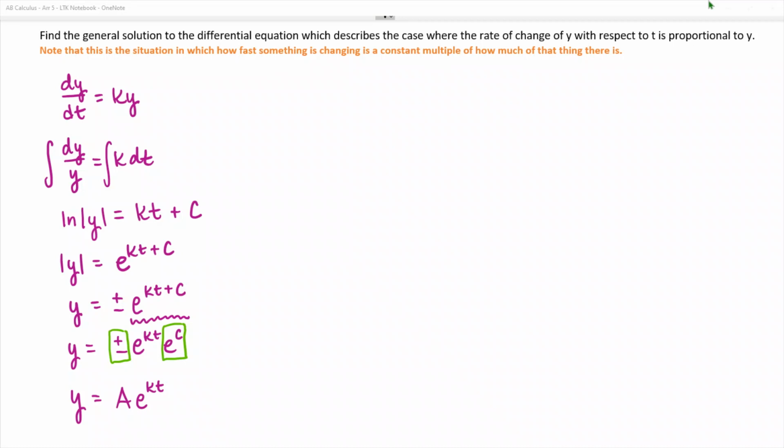Let's actually go a step further and think about the situation where we might know how much of y there was when time was 0. So let's call y of 0 y naught. And in that case, we can find the a for our solution.